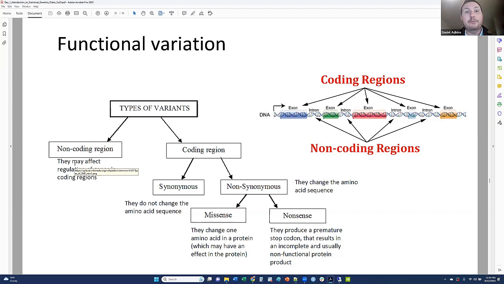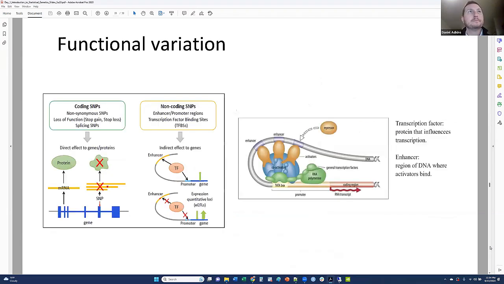These do not directly affect protein manufacture. But they can affect the rate at which genes are transcribed, the rate at which proteins are produced. And then, within the exons of our genes, we have coding variants that can be broken down further in this way. So that's a little overview of functional variation.